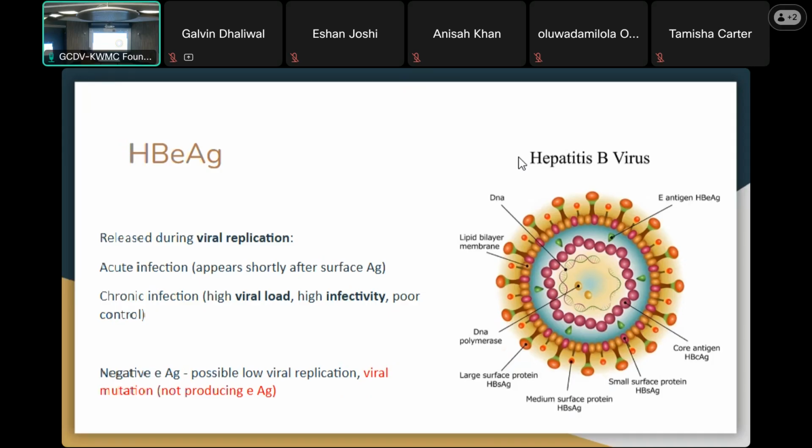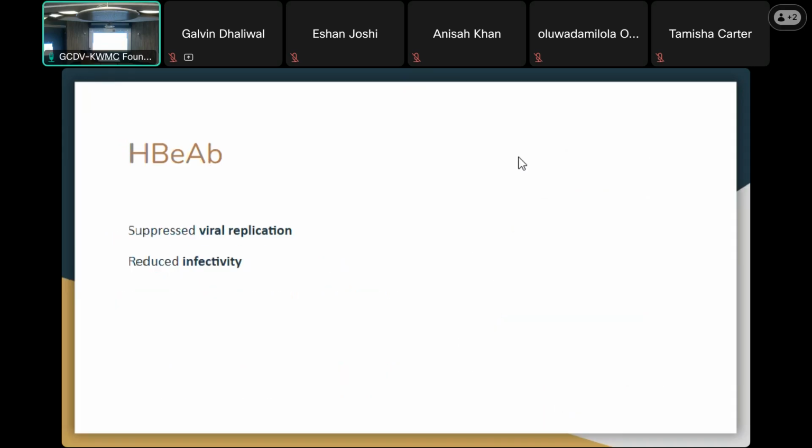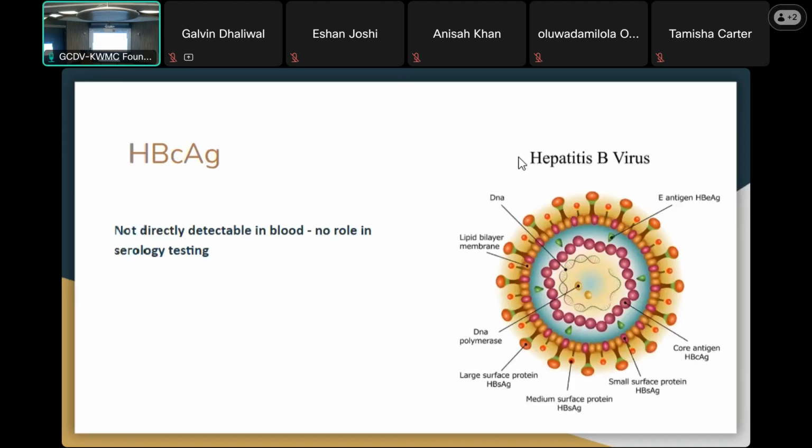It's basically a surrogate for hepatitis B DNA level and the ALT, the liver enzyme. So if it's negative, that means they might have good control of their hepatitis. E antibody is the antibody towards the E antigen, and if E antigen is negative, you expect the E antibody to be positive, and that means the viral replication is suppressed and they're at low chance of infectivity.